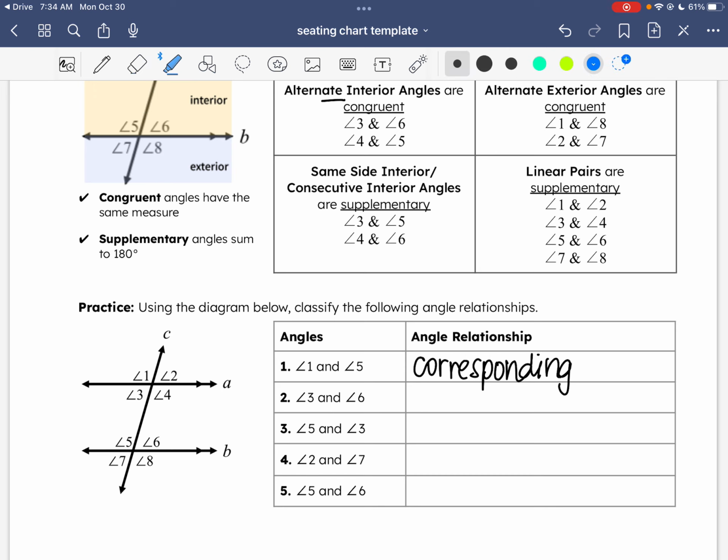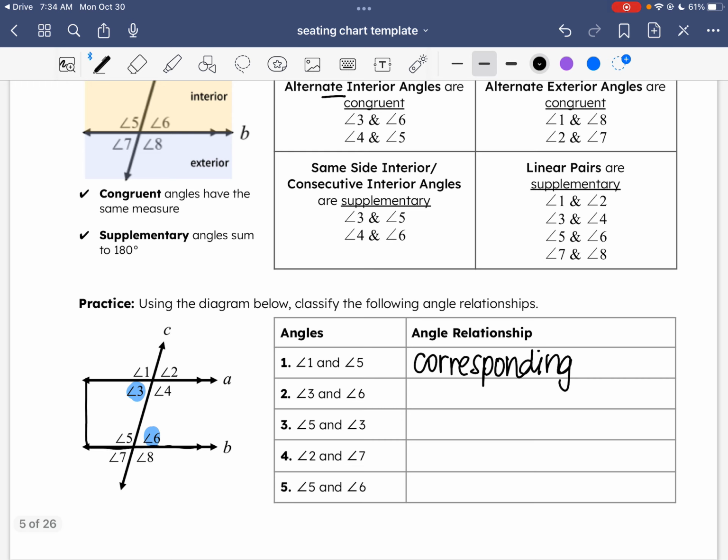Angle 3 and angle 6, those are interior, and they are on opposite sides, so they are alternate interior. Five and 3, they are interior, and they are on the same side of the transversal, so they are same side interior.